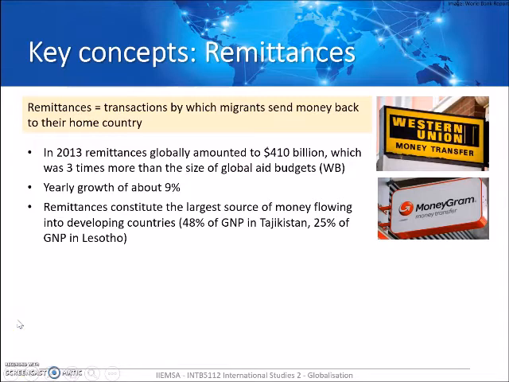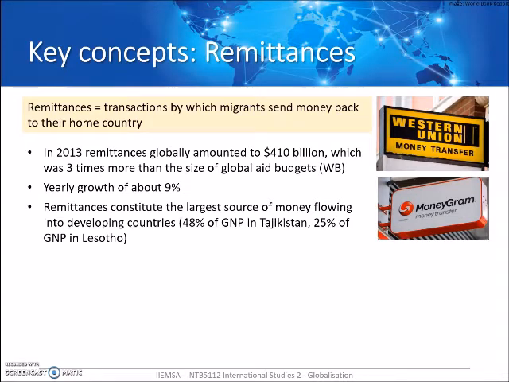So basically what we're saying here is that all the budgets that are put together globally, all the money that goes into foreign aid, which we looked at in last week's session, the remittances are 3 times bigger. So this is massive amounts of money that are sent home, right? And they're also growing very quickly. There's a yearly growth of about 9% of the remittances that are sent home.